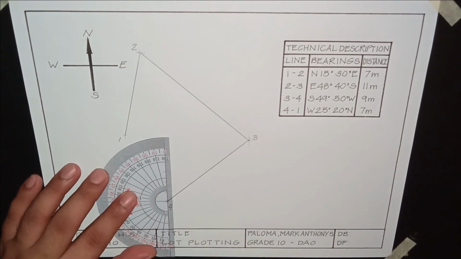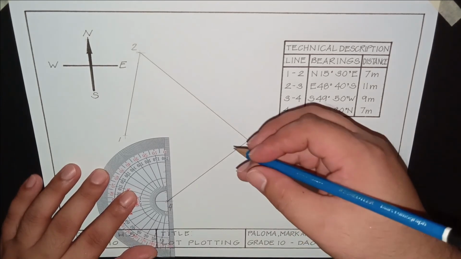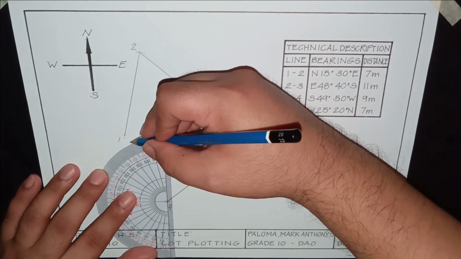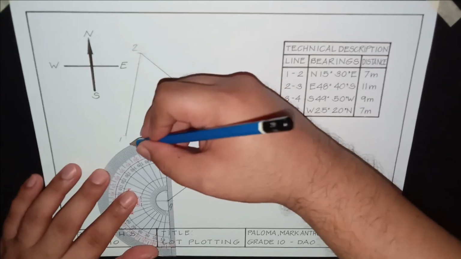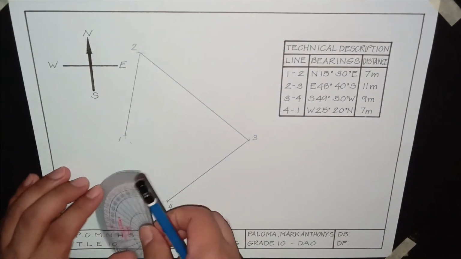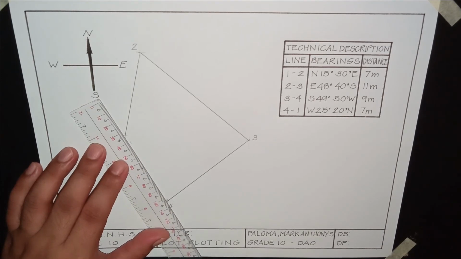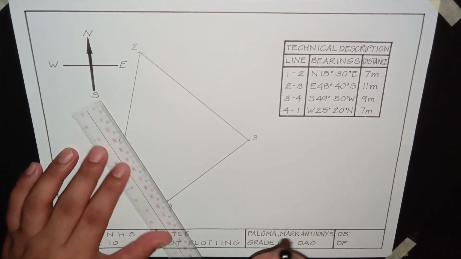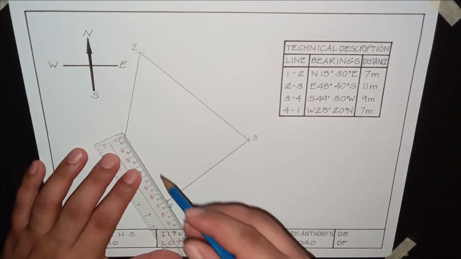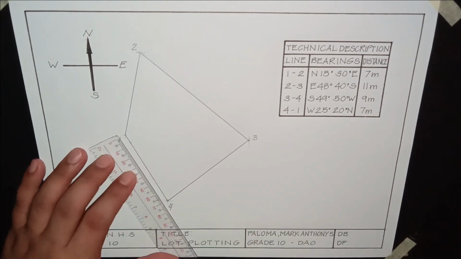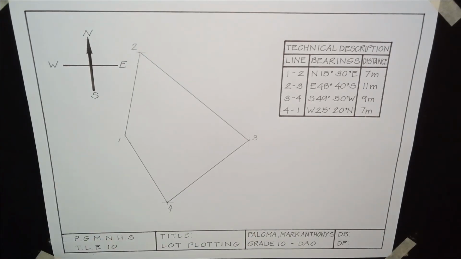That's the placement of our protractor. 25 degrees, in between 20 and 30. Now we're going to enclose the lot plot from point 4 to point 1 with a distance of 7 centimeters. So that is our lot plot.